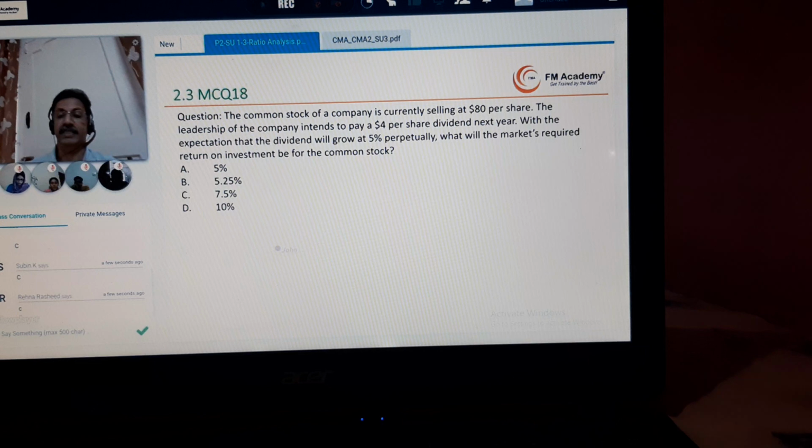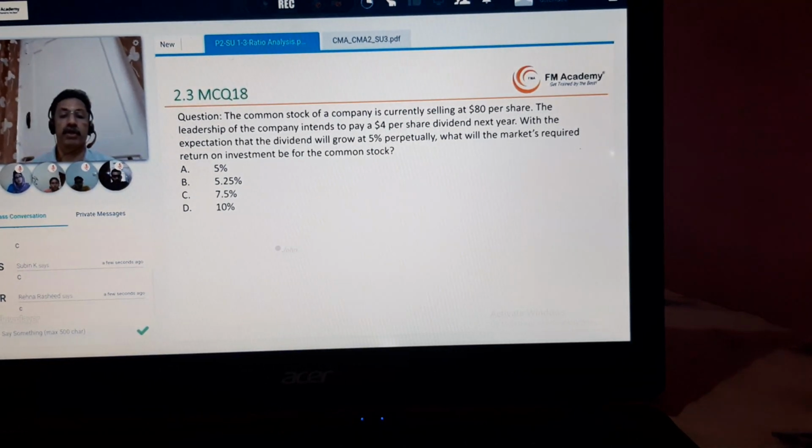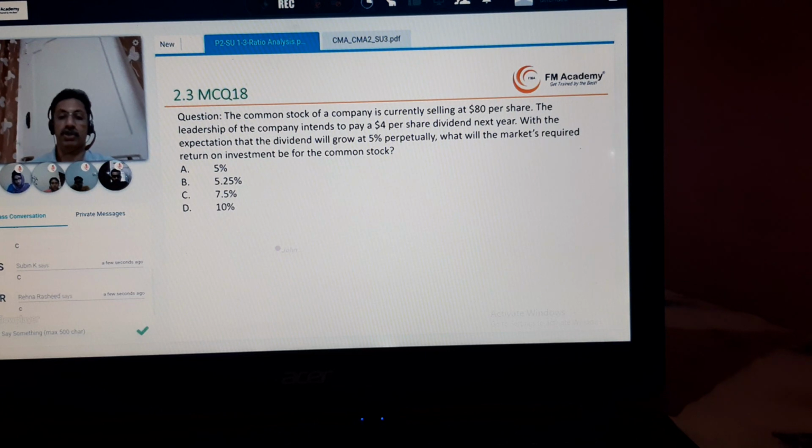Question number 18. With the expectation that the dividend will grow 5% perpetually, what will be the market's required return on investment for the common stock?